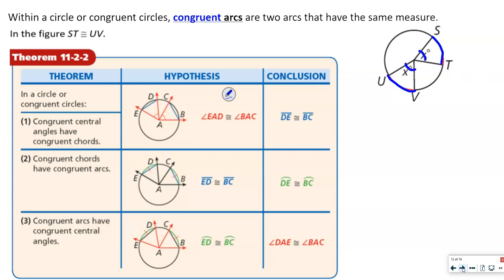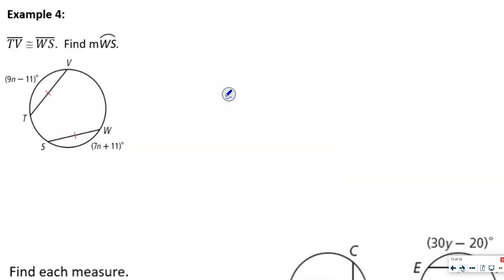When the angles are congruent, the chords are congruent, and the arcs are congruent, okay? So also, if the chords are congruent, then the angles and the arcs are congruent, okay? And then also, if the arcs are congruent, then their corresponding chords and angles are congruent. So if one's congruent, the other two are. Okay, that's the key here.